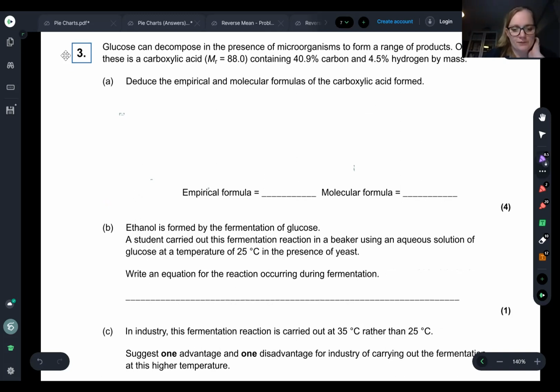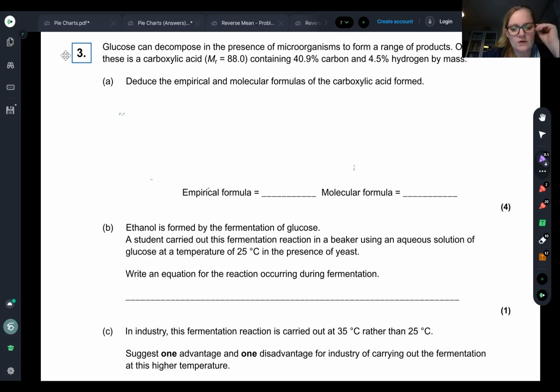Let's have a look at our percentage of oxygen by mass. So we've got our carboxylic acid. Glucose can decompose in the presence of microorganisms to form a range of products.